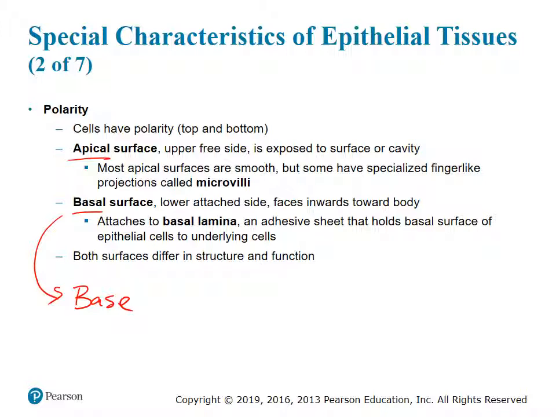So let's look at the apical surface. The apical surface is the free side. This is the one that will be exposed to any surface or any cavity.